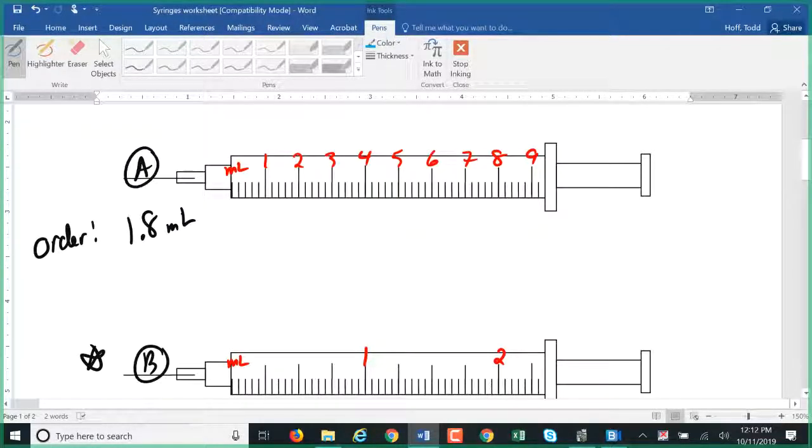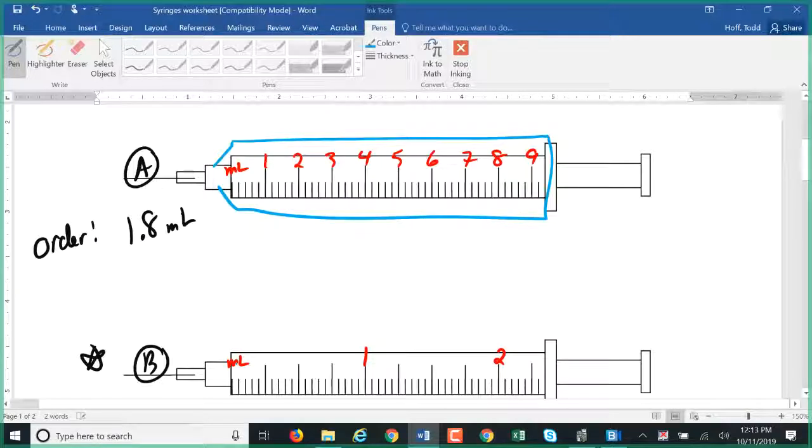Now, you can still do it with A, but the difference between these syringes, if this is labeled so that it can go up to 9 milliliters, it's most likely a much wider syringe. And this one, only going up to 2, is most likely a pretty narrow syringe. There's always error when you're filling a syringe.